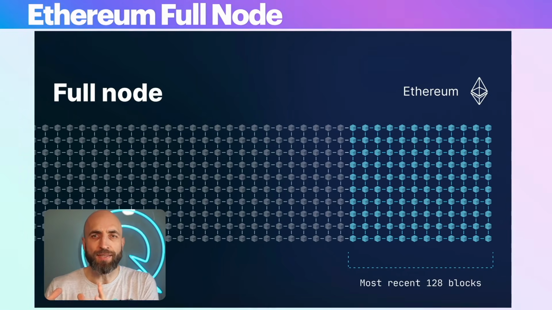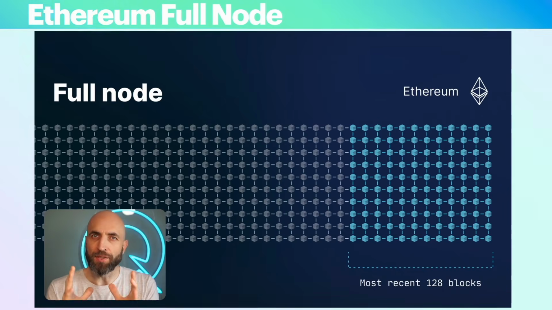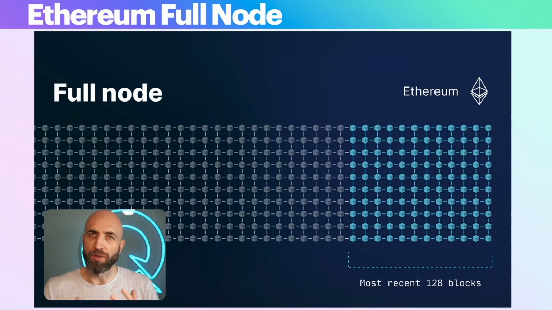And the most recent state is what all clients need to verify incoming transactions and use the network normally. What's important to understand also is that all states can be derived from a full node. So full node has the whole history of all transactions on Ethereum network. So a full node can theoretically regenerate all the older states on request.